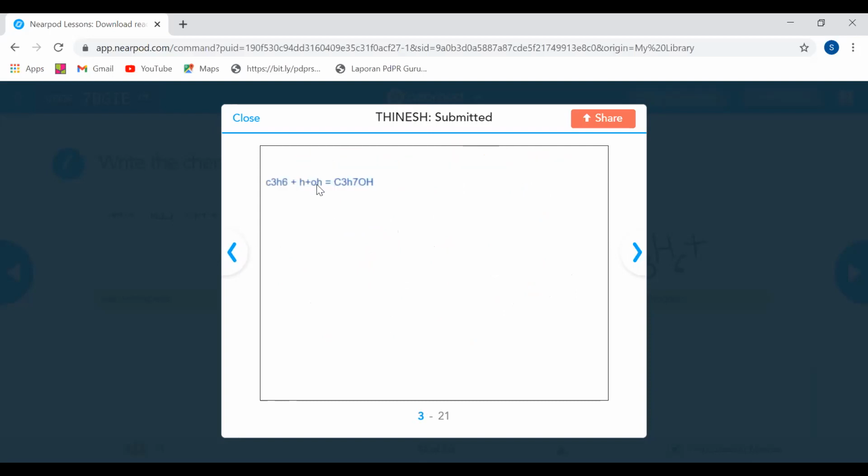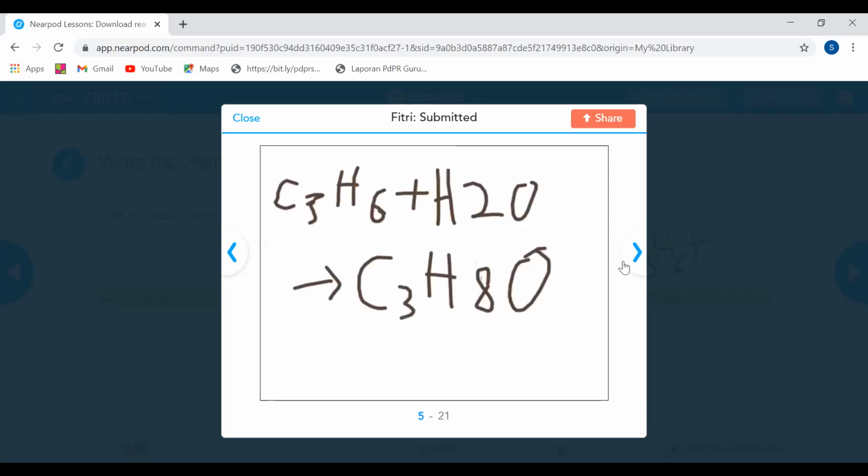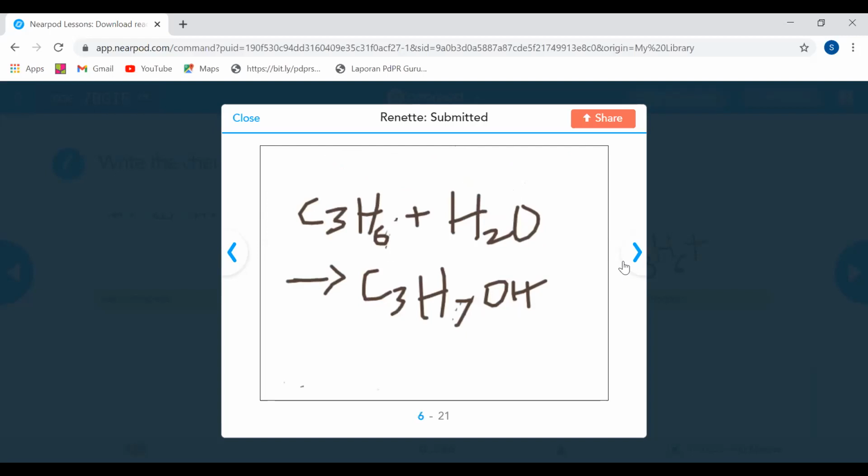Tinish, wrong a bit. The HOH cannot be H plus OH. It's just a bond, this one here. You must say H2O only. Sir, must put H2O, right? You can put HOH, they won't penalize you. Shalini also, teacher wants to see the OH at the back, but not all of you did like that.